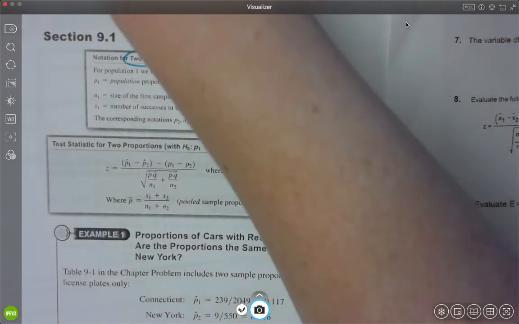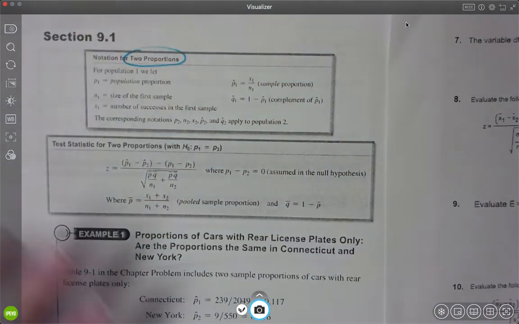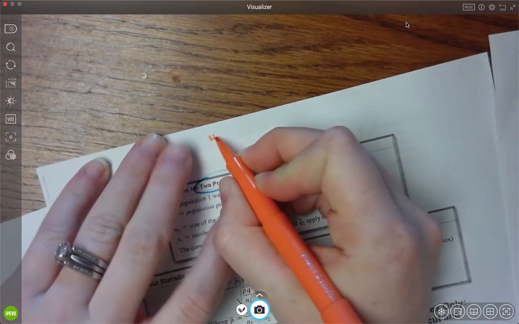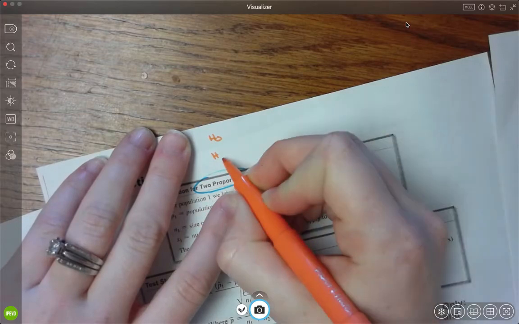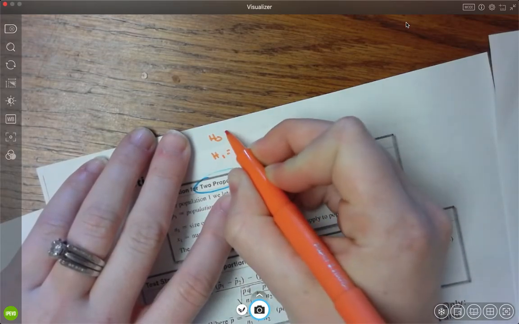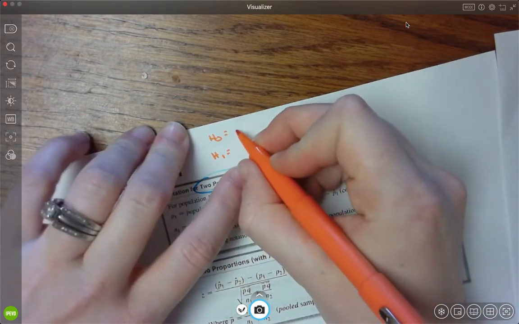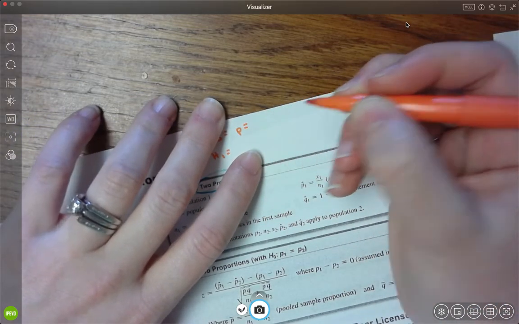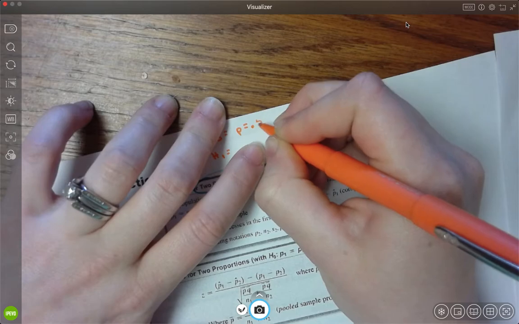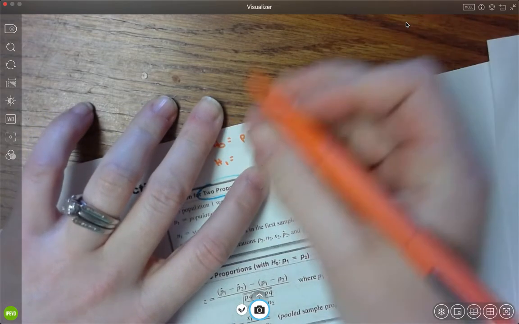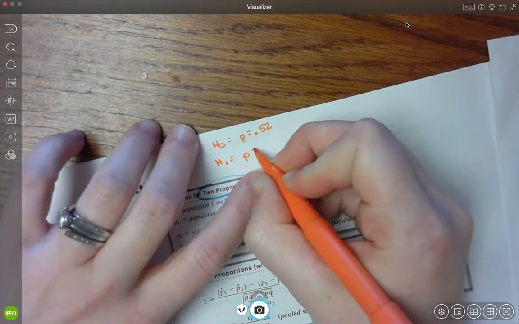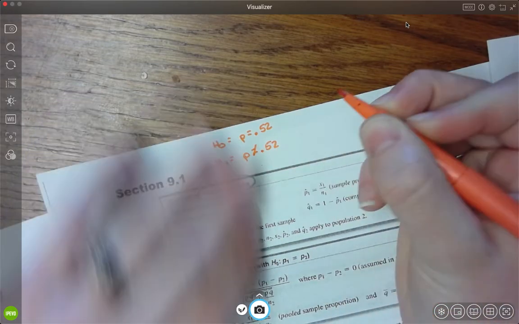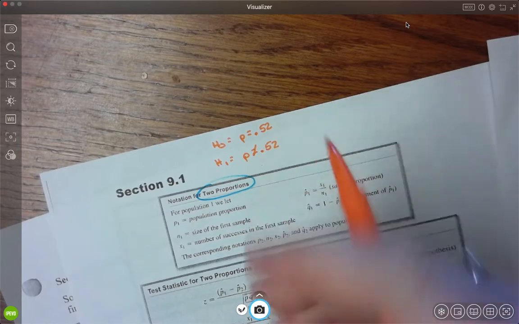Like in chapter 8, for our null hypothesis and alternative hypothesis, H0, H1, we would say maybe the proportion of girls in the United States is 0.52, and our alternative hypothesis would be the proportion is not equal to 0.52. That's what it would look like in chapter 8.